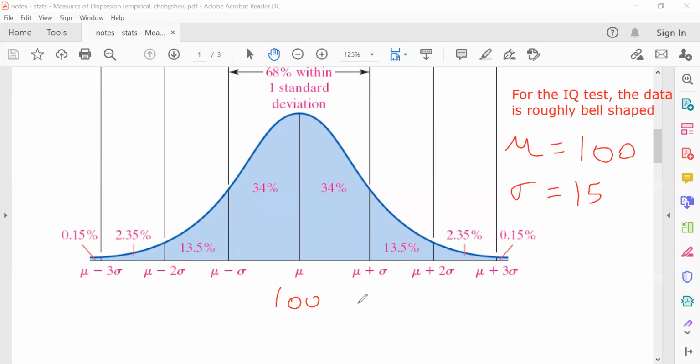Now, if we go within one standard deviation, so if you go one standard deviation above, you do 100 plus 15, you're going to be at an IQ of 115. If you go one standard deviation below, you go 100 minus 15, which is 85.